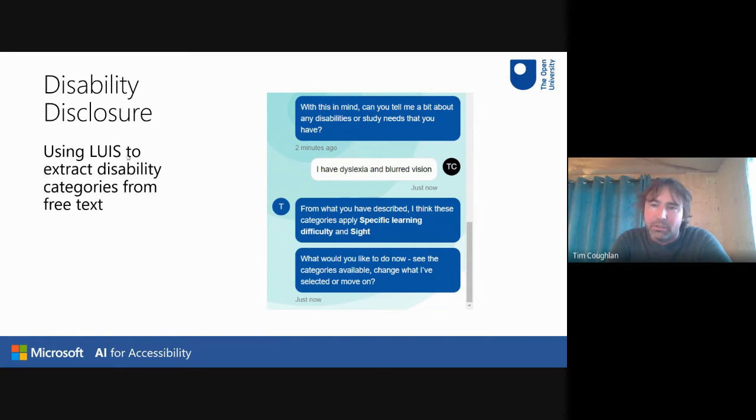We used language understanding models to support that, and it's doing a pretty good job. Inevitably there's more training and a wider dictionary of terms that could be used there. But it's a nice example of how AI can be a bridge between the language that students might use to describe something and the formal terms that the university deals in and has to report. So we were quite pleased with how that worked.